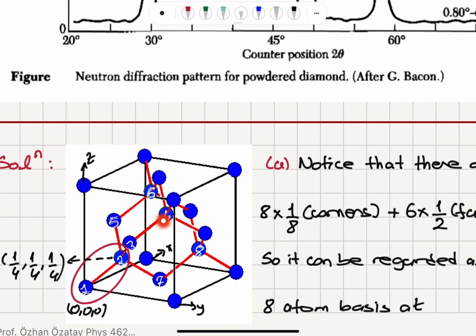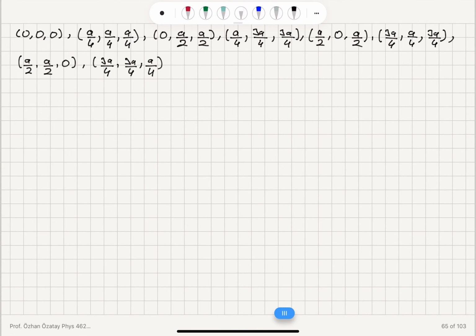Then we add 1/4, 1/4, 1/4 to reach the fourth one. Then we locate another one at this face center, at x equals 1/2, y equals 0, z equals 1/2. We add 1/4, 1/4, 1/4 to reach the sixth one. Then we have z equals 0, x and y equal 1/2. Add to it 1/4, 1/4, 1/4, and we reach the eighth atom in the basis.